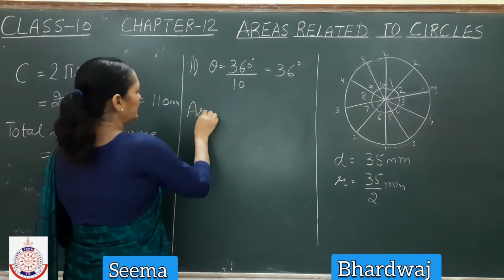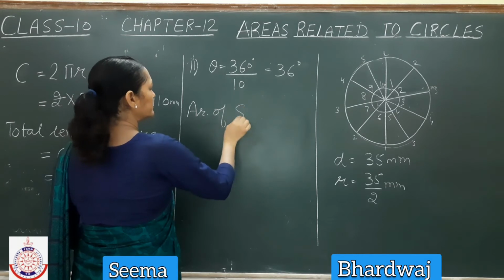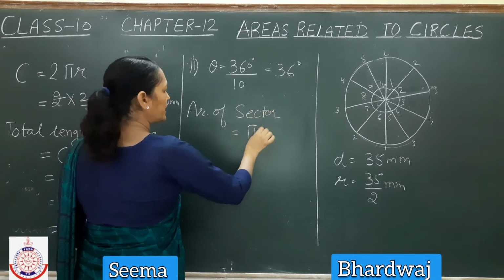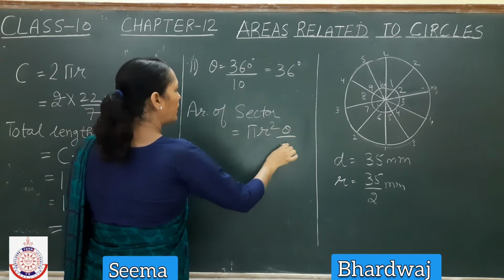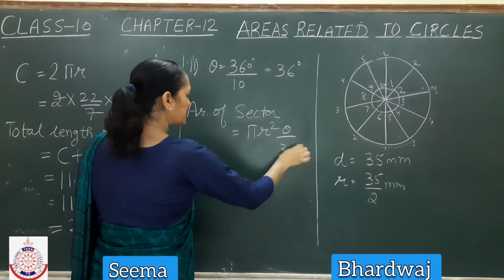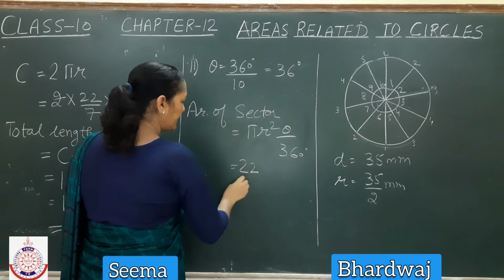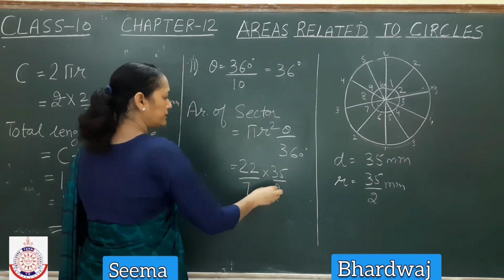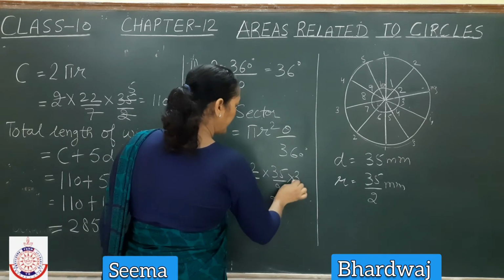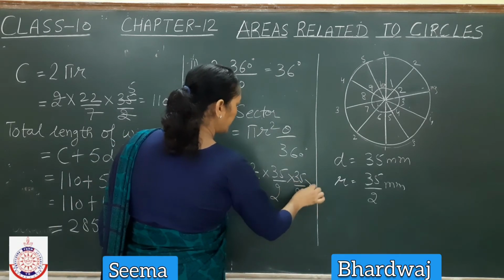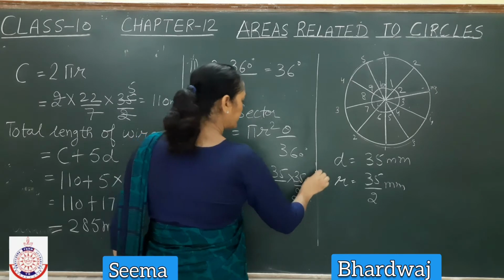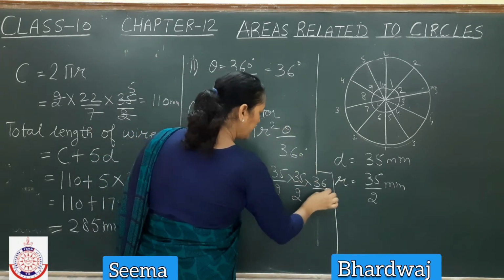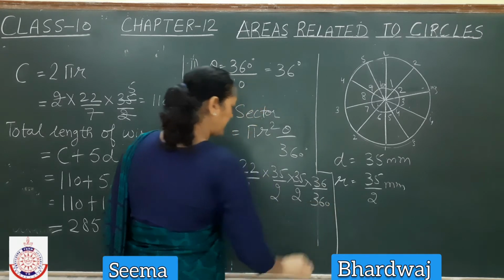Now area of sector, pi r square theta upon 360, 22 by 7, 35 by 2, 35 by 2, theta is 36 upon 360 degrees.